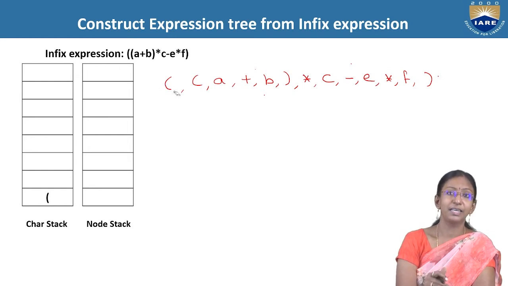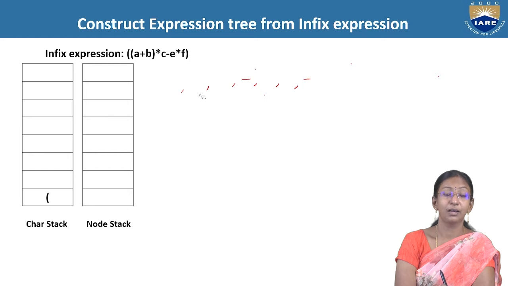So the first character in our hands is an open bracket. As I said, if we encounter an open bracket, kindly insert it into the character stack. Please keep that in mind. Once you insert it, what is the next character?